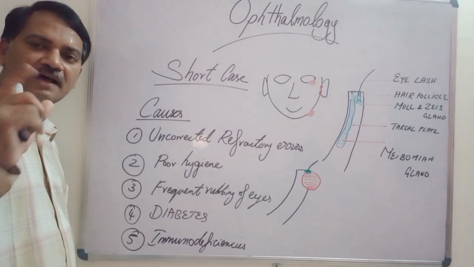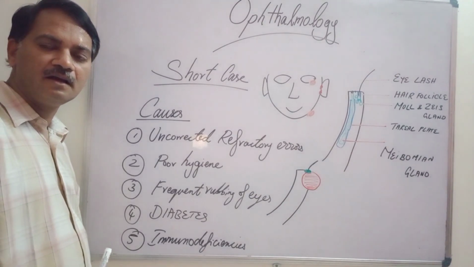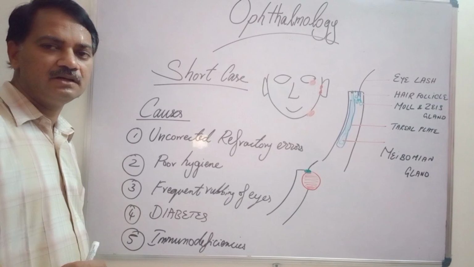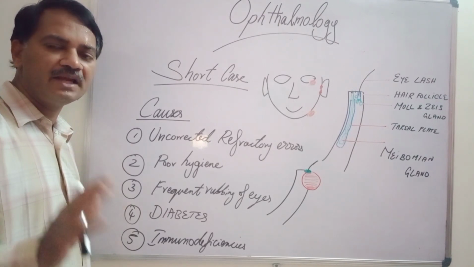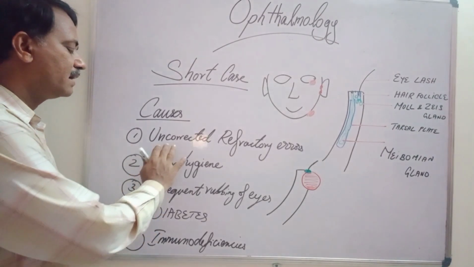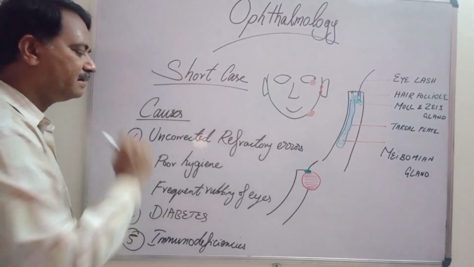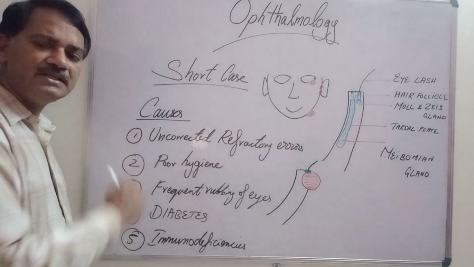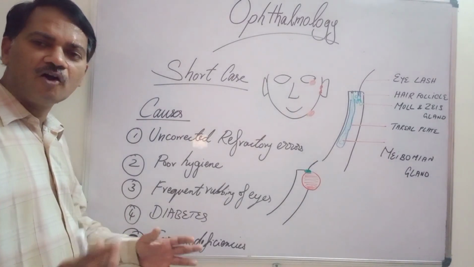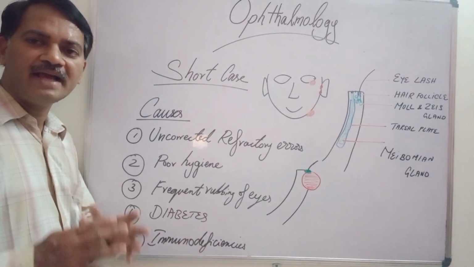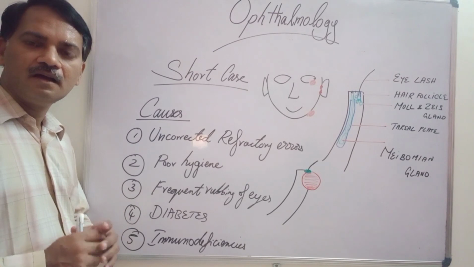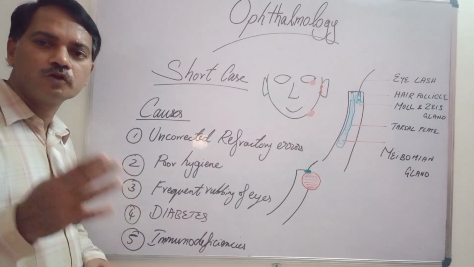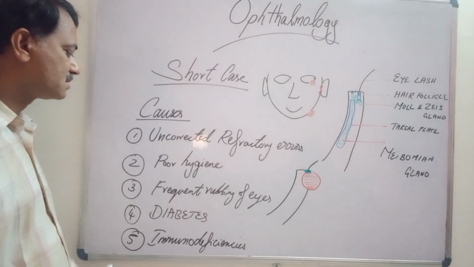A patient has a refractive error but is not willing to get corrected with spectacles or any other means, then they are likely to get this swelling. The second thing is poor hygiene. They are not clean, they are not hygienic. That can lead to infections everywhere in the body and also swelling in the eyelids.